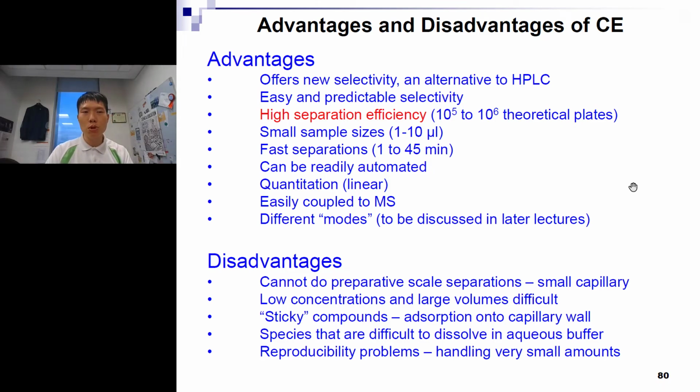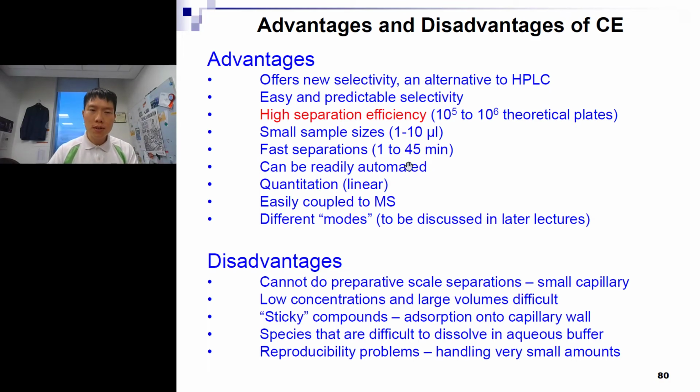So in summary, I want to just quickly go over the advantages and disadvantages of CE here. You can see the advantages. Selectivity is a good alternative to HPLC. HPLC is not that small or miniaturized compared to CE. Very easy, predictable selectivity. And very high separation efficiency. Very high number of plates, about six figures, 100,000 for N. Very small sample size required.